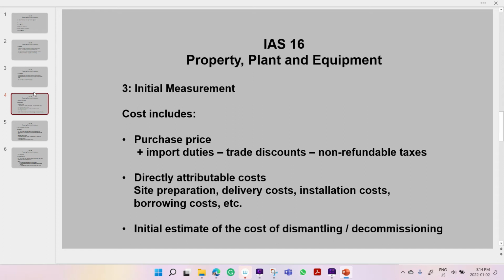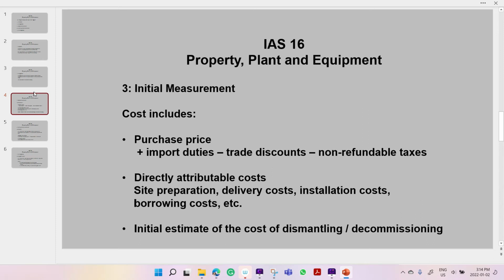Then you got any costs that are directly attributable. So it comes to situations like site preparation, delivery cost, installation cost, borrowing costs. So those are the costs that you can directly attribute to bringing the asset to your facility and getting it ready to go.